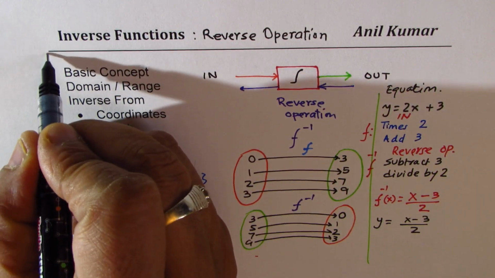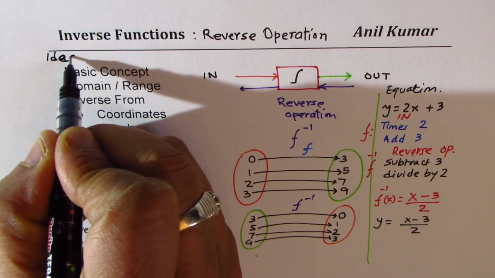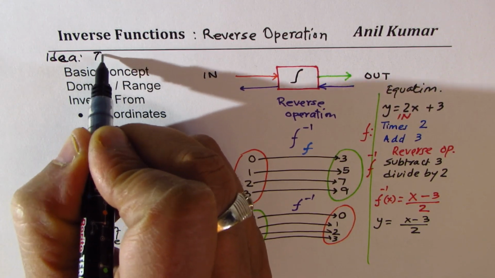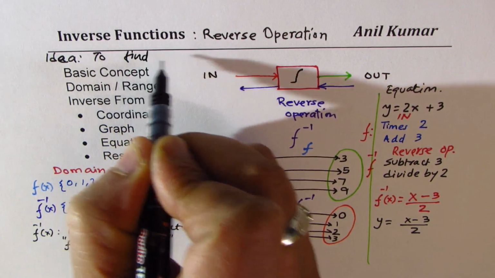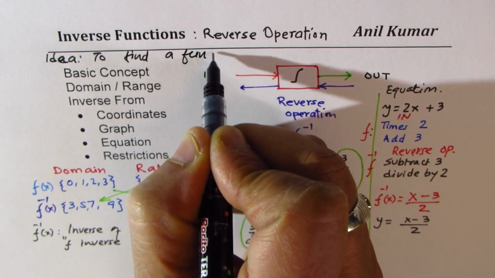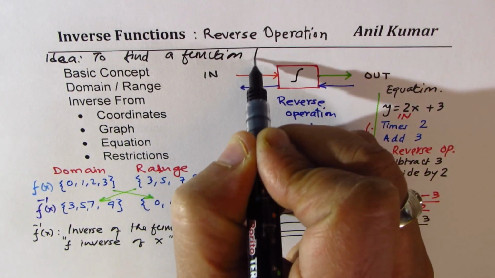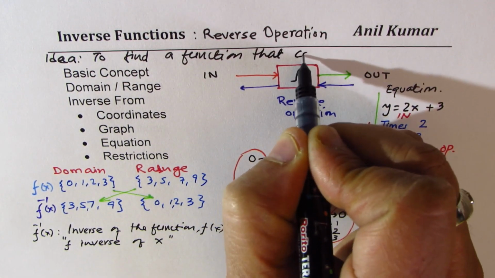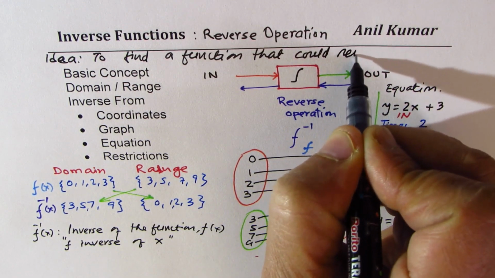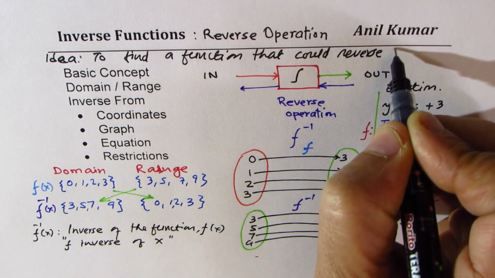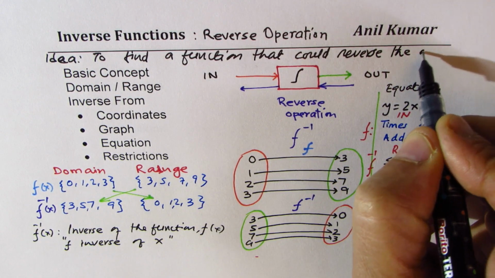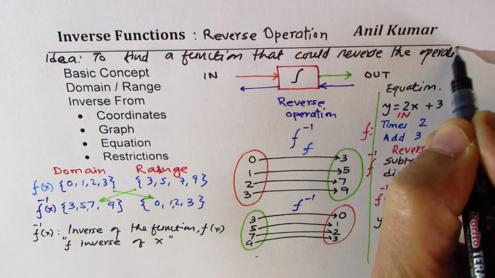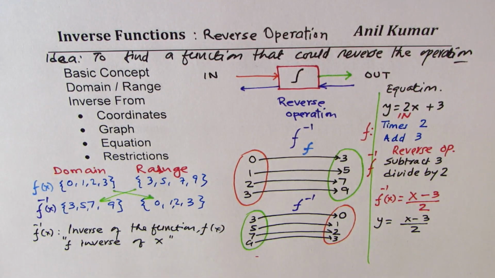So the idea is to find a function that could reverse the operation. Okay, so that is the basic idea. So I hope the concept is clear.